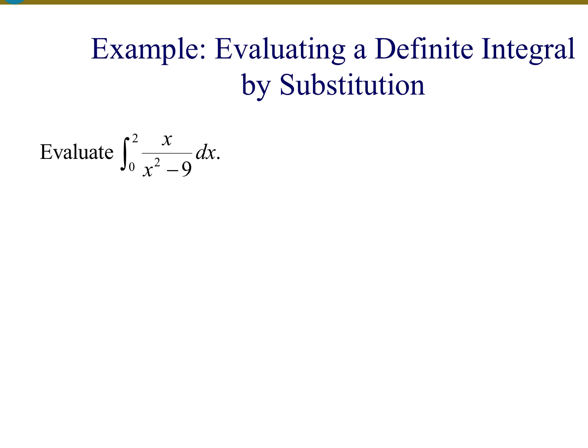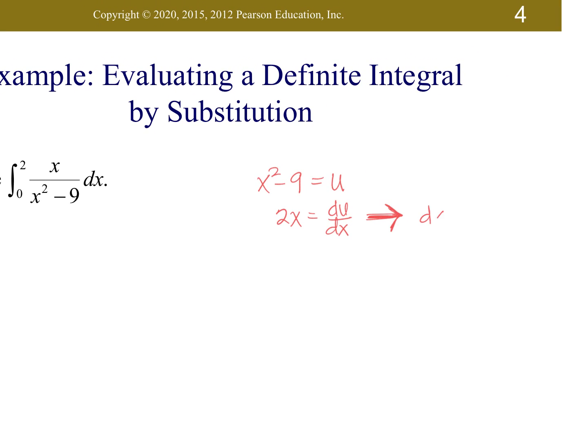So first we identify that x squared plus 9 is going to be our u. So the derivative would be 2x equals du dx, which is going to imply then that dx is du over 2x.